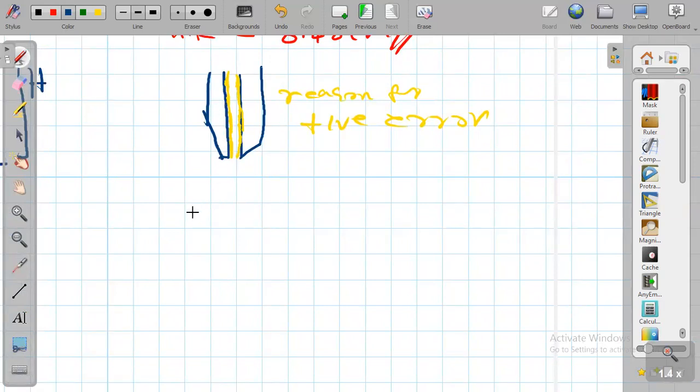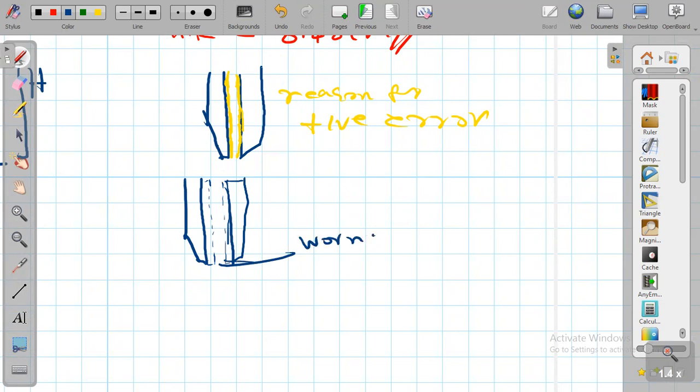External jaws. If it has one of them worn, it was supposed to be like this much, now only this much we have. One of what? Jaws.